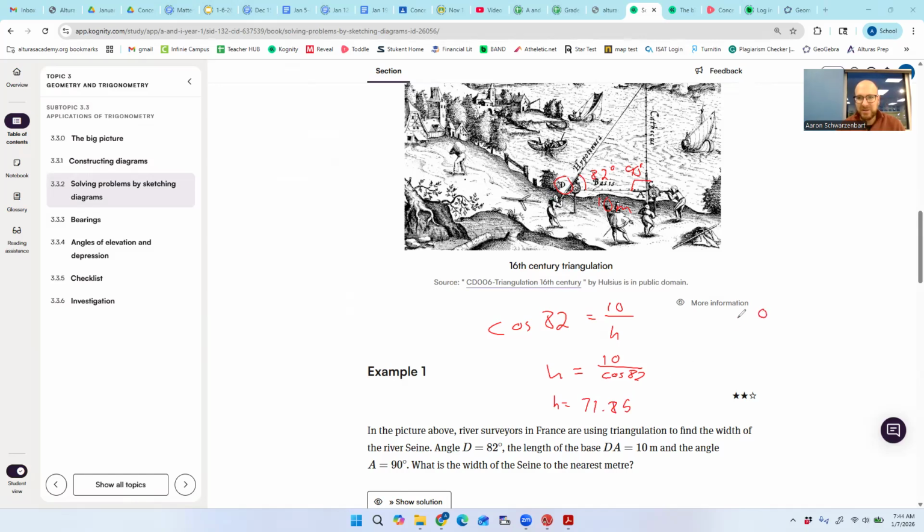I can do opposite with a tangent. Since I don't know which one for sure, I'm going to do both. Opposite over adjacent is 10, so this becomes 10 times tangent of 82.